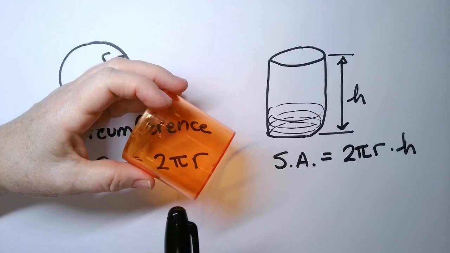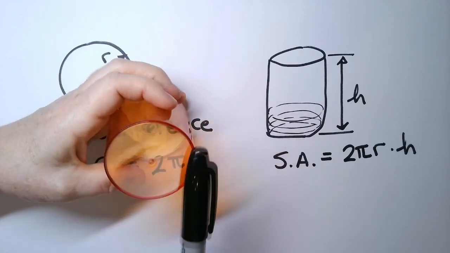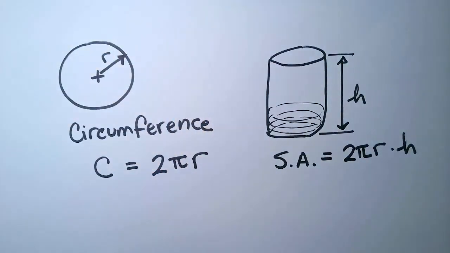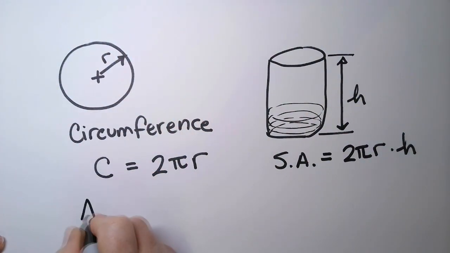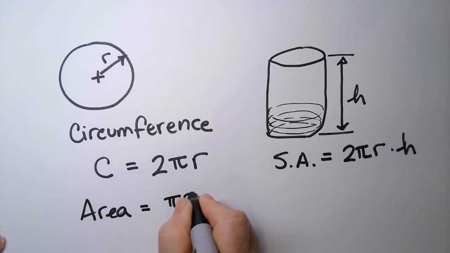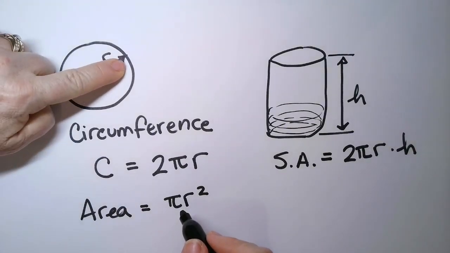If I also want to add the ends, we're going to need to add the area of this circle and that circle, and they're both the same. The area of a circle is pi r squared. Again, r is measured from the center to any point on the circle.